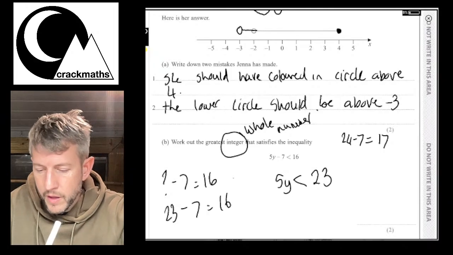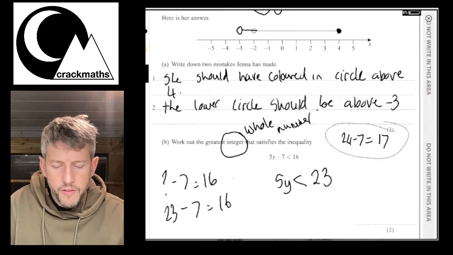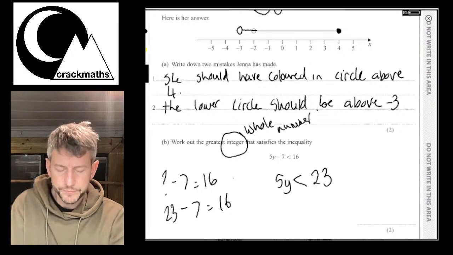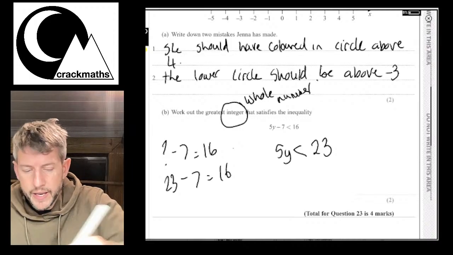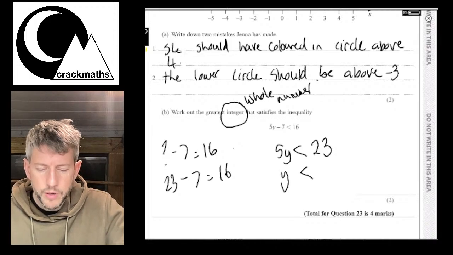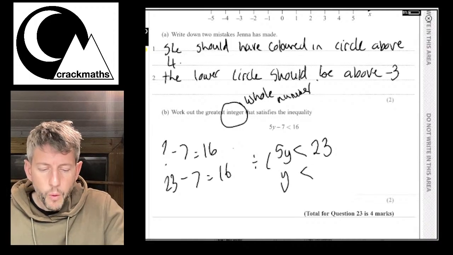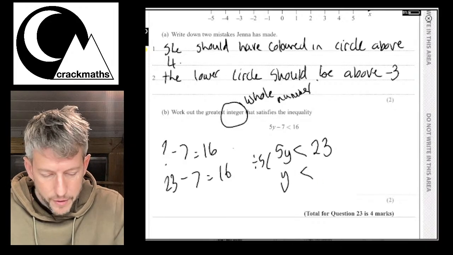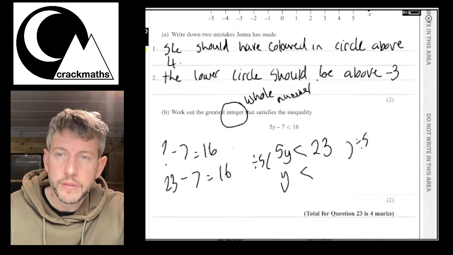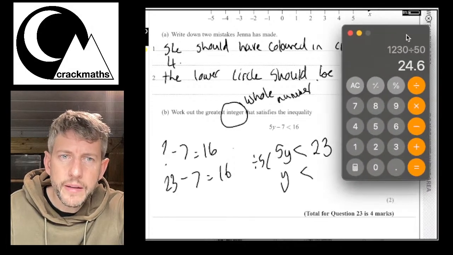Okay, so let's have a look now. We've got 5y has to be less than 23. What we can do here is divide both sides by 5, in a very similar way to our direct proportion, and we'll find out what y has to be less than for this to work. So we've divided that by 5, so let's divide this by 5. I'm going to do that on my calculator.